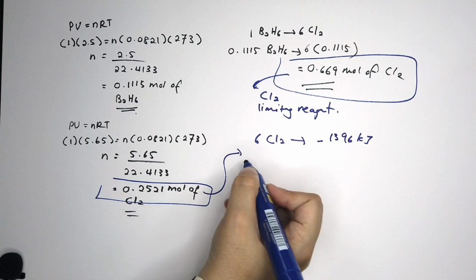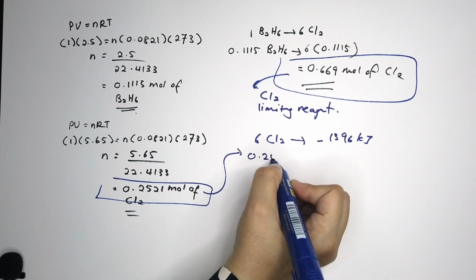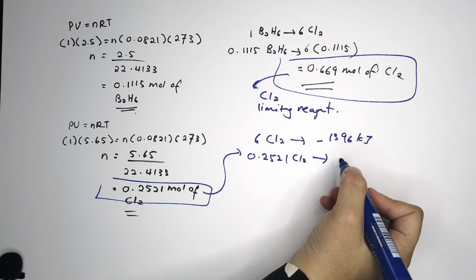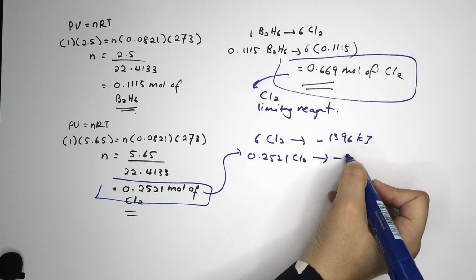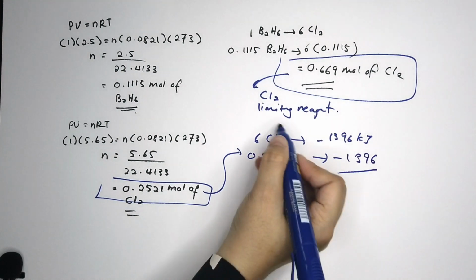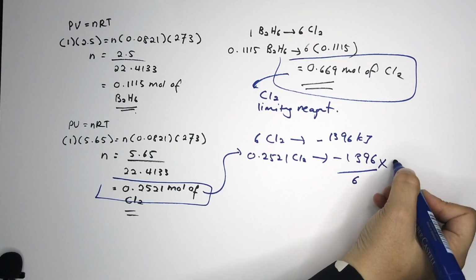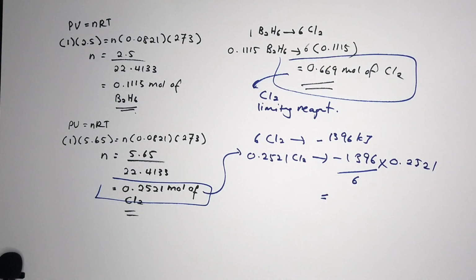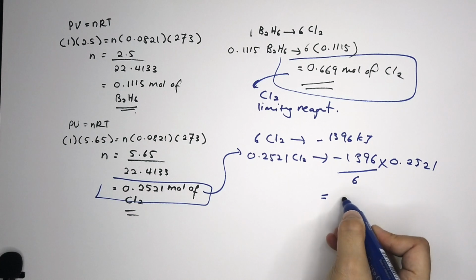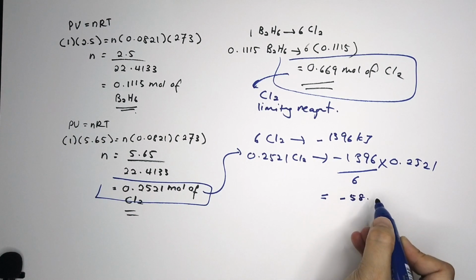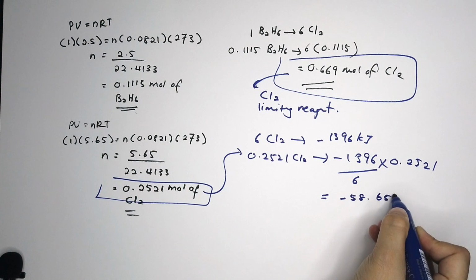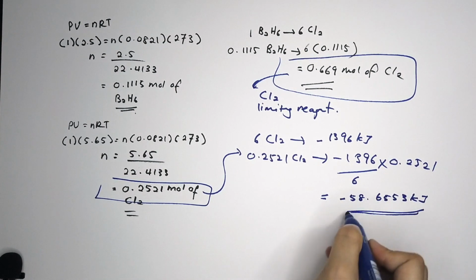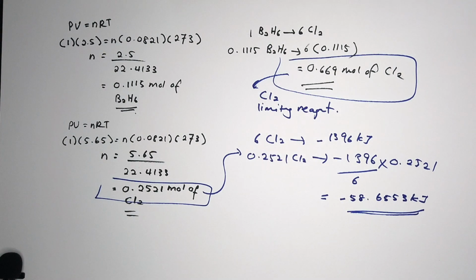You only have 0.2521 Cl2. So how much you need is negative 1396 divided by 6 times 0.2521. Therefore, you should get equivalent to negative 58.6553 kilojoule. So this is the final answer for this question.